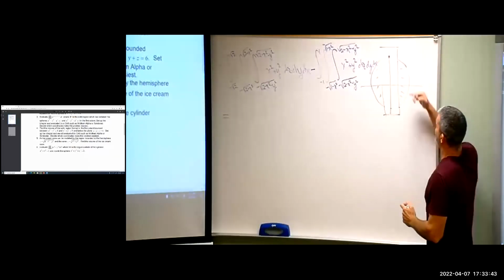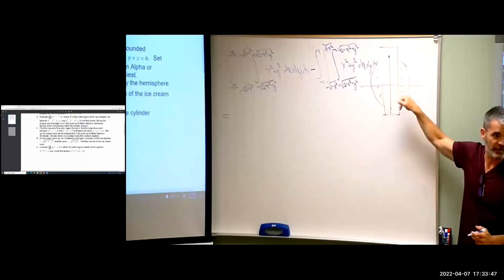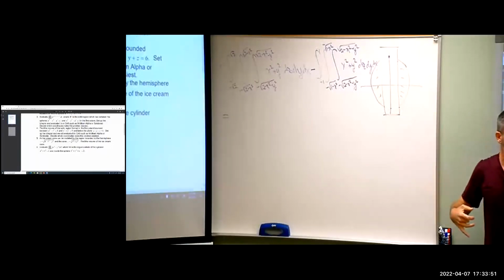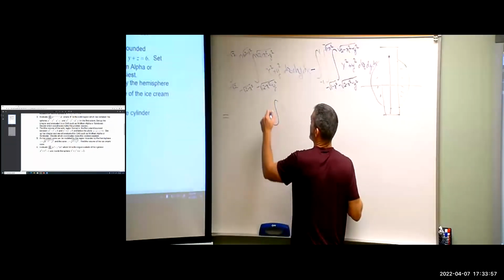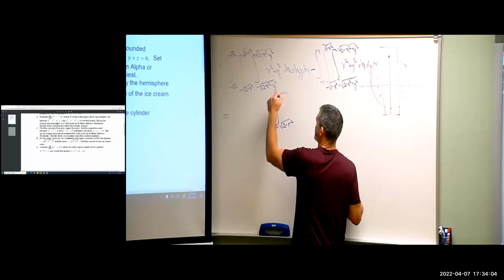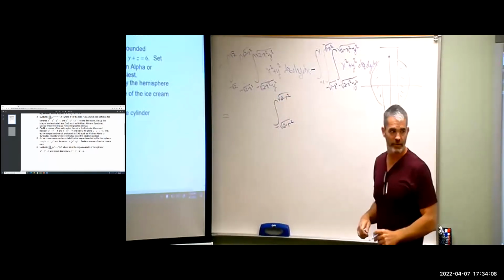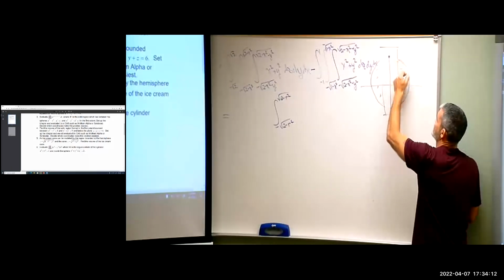Well, z has a definite top and a bottom. It's still this sphere, except the sphere will now be in cylindrical coordinates instead of rectangular. So our lower limit is going to be negative square root of 2 minus r squared up to square root of 2 minus r squared. That's taking us from this bottom to this top.